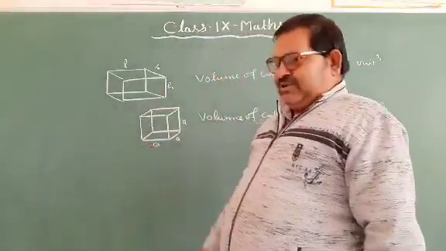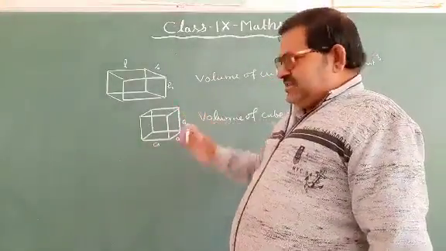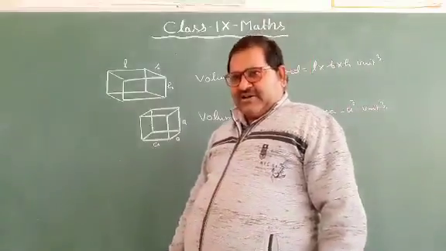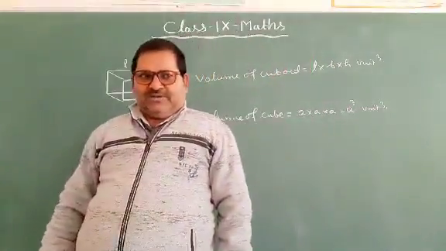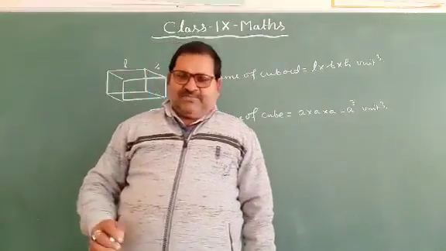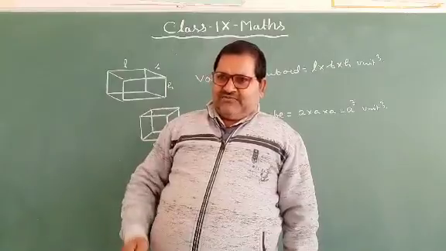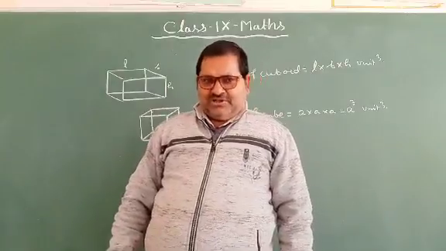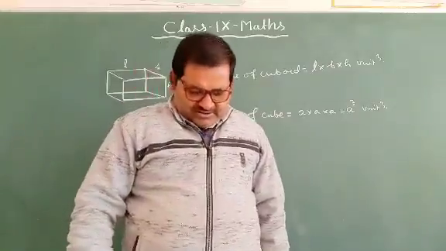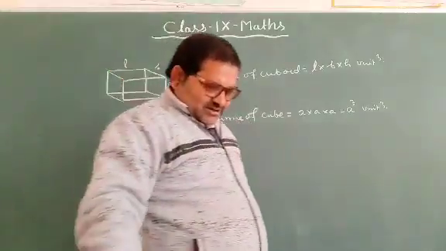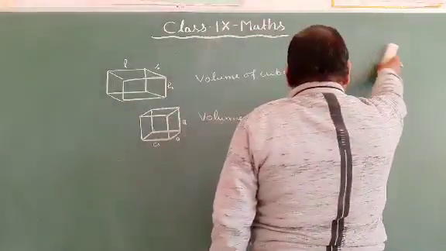The board is two-dimensional, so we draw the figure in this way. For example, the classroom is an example of a cuboid, and the dice of Ludo is an example of a cube. Clear? Now the exercise is related to the volume of a cuboid and the volume of a cube.